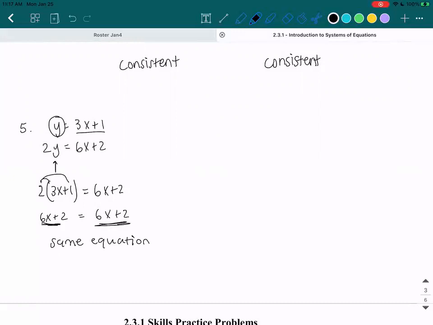That means your 2 graphs are going to be on top of each other if you were to plot it out. So let's say one of the lines looks like that. The other line will go directly on top of it. So that means this is infinitely many solutions.